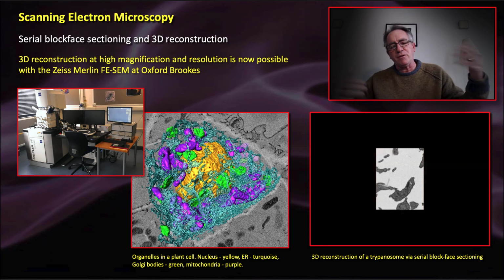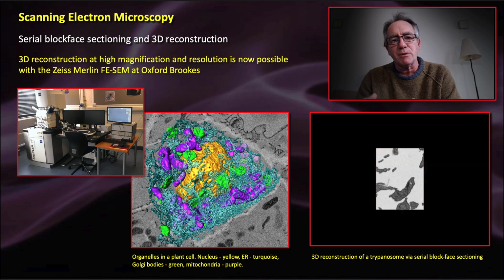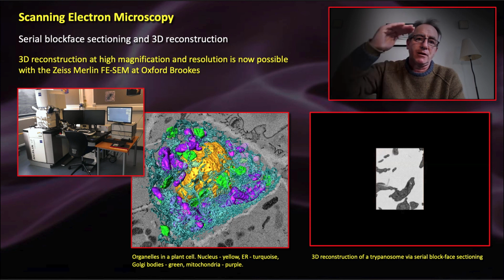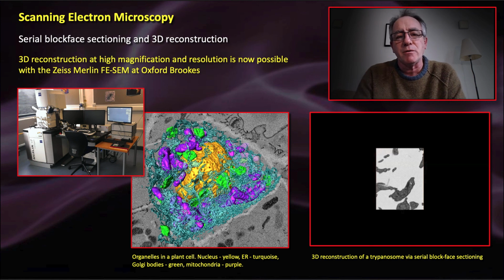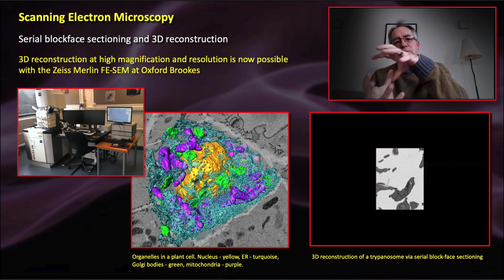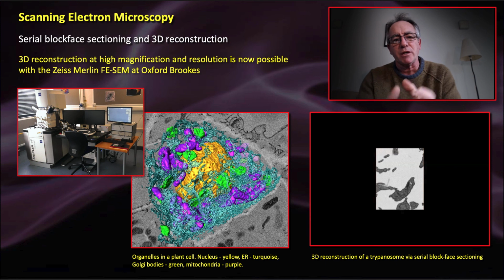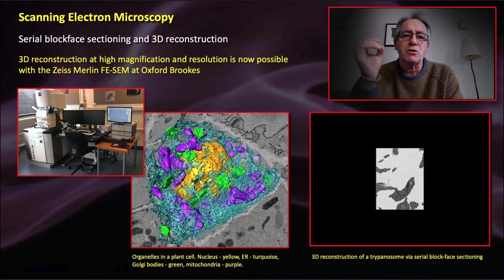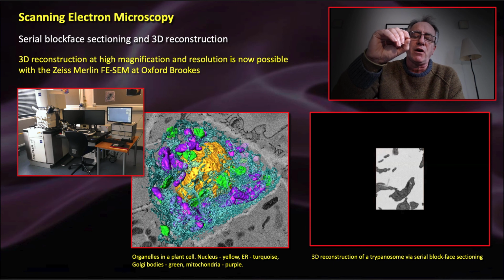Back at the very start of the week 1 lecture, when I told you about the difference between light and electron microscopy, I said that confocal microscopy lets us make optical sections down through a specimen and look at them as three-dimensional reconstructions, which is really helpful, really beautiful. And I said we can't do that with electron microscopy because a transmission electron microscope is made to look through a single, very thin section.